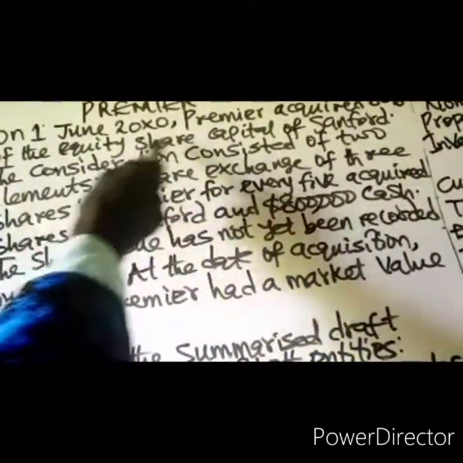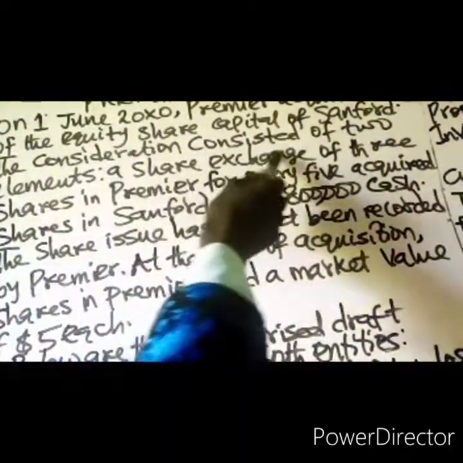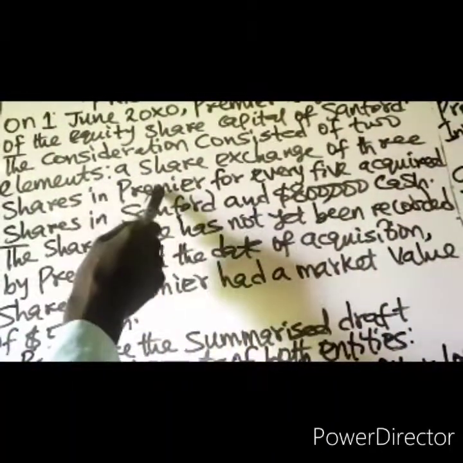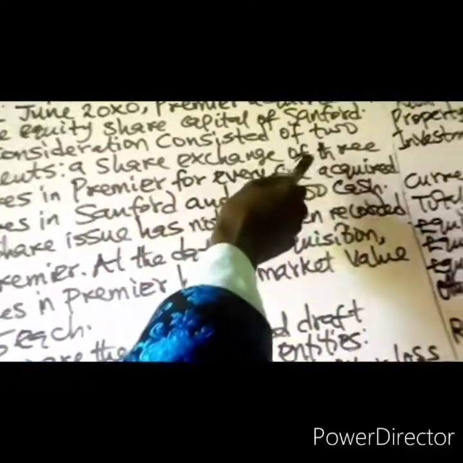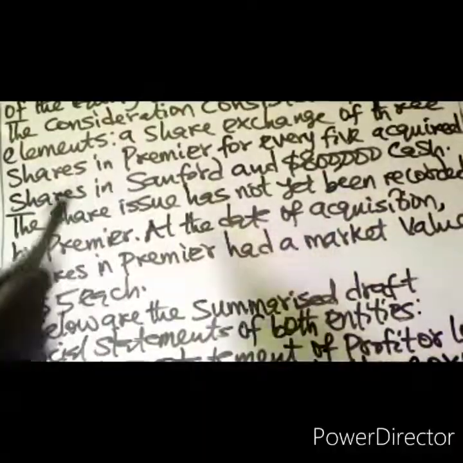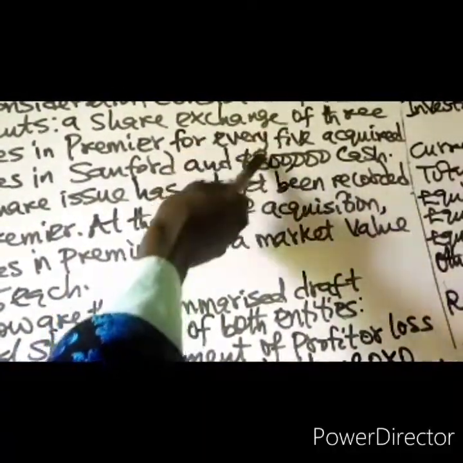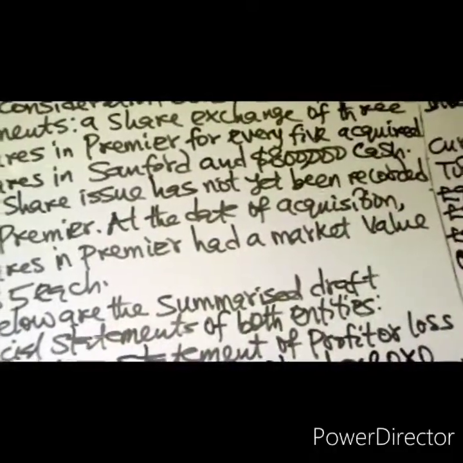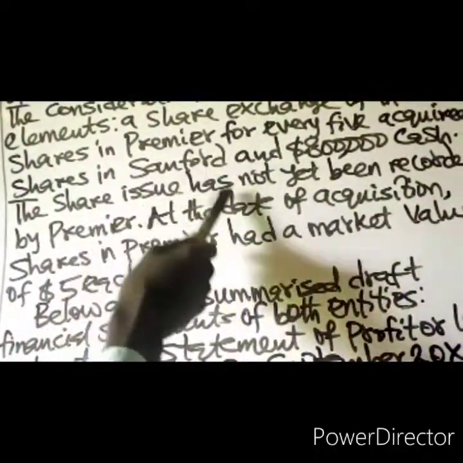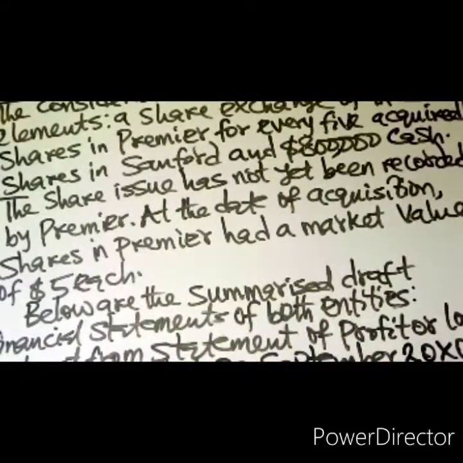The consideration consisted of two elements: a share exchange of three shares in Premier for every 5 acquired shares in Sanford, and $800,000 cash. The share issue has not yet been recorded by Premier.